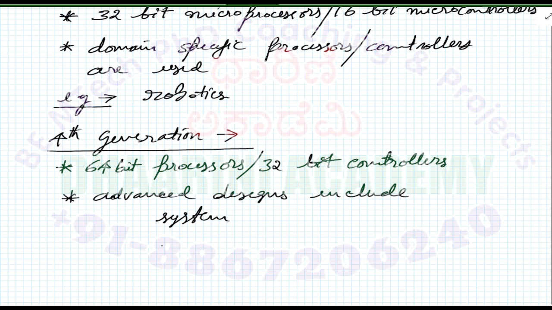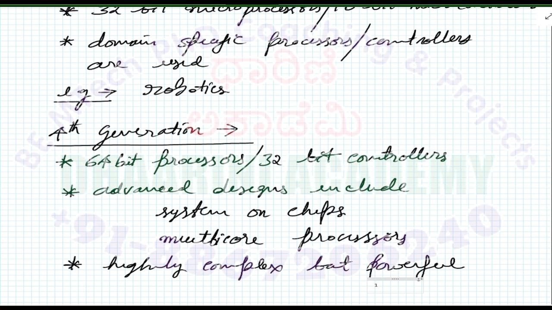Then we have the multi-core processors. Okay, so we have these advanced things coming up in case of the fourth generation. So these systems are highly complex, but they are very powerful in nature.